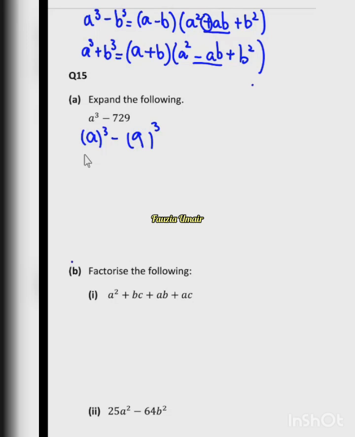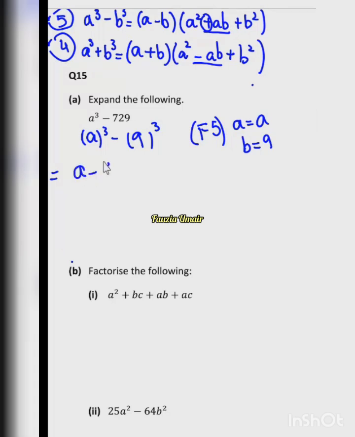So in formula 5, I will put a in place of a, but in place of b, I will put 9. Keeping in mind that my a is a but b is 9, instead of a minus b, I will write a minus 9.